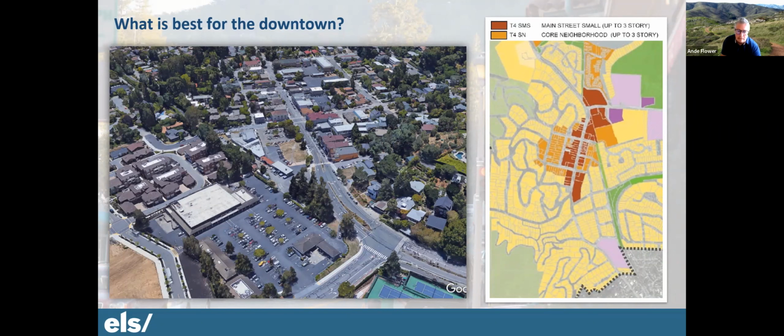Instead, and for other reasons too, we would love to enliven the downtown by encouraging redevelopment of, say, where the grocery store is in the foreground of this image. We understand there's property owner interest in doing that. We would love to make sure that what we leave you with is feasible for that property owner to actually turn over.